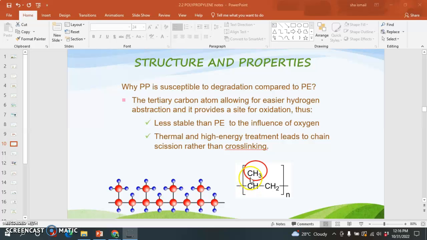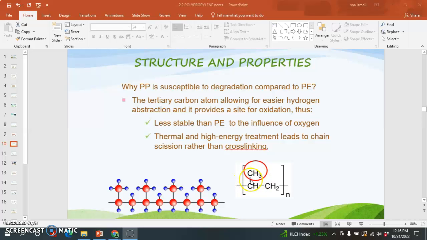So, okay, if we look at the structure here, dekat sini main structure contains a methyl side group. Okay, so this is what we call a tertiary carbon atom. Okay, dia panggil carbon atom yang ketiga. Okay, so dekat sini carbon atom ni dia senang untuk oxygen ataupun UV light attack this chain. Okay, chain dekat sini.